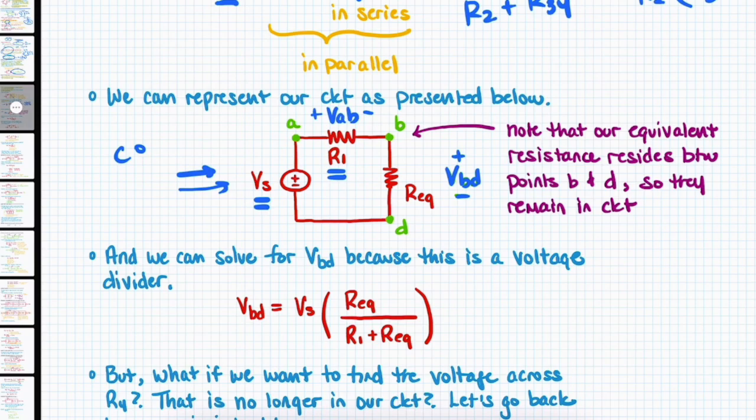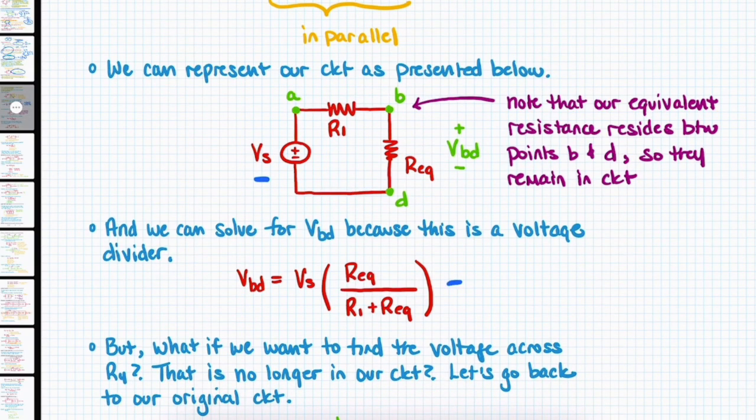However, we've achieved one of our sub-objectives, which is to make it a single loop circuit. We know how to solve this pretty easily. Not only is it a single loop circuit, it's also a voltage divider, so that makes things easier.